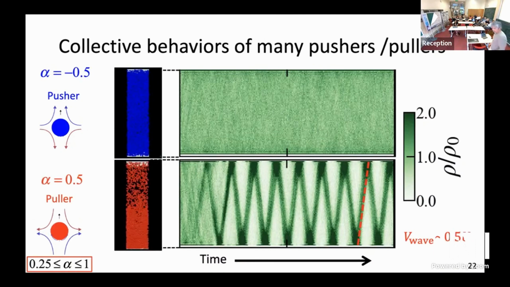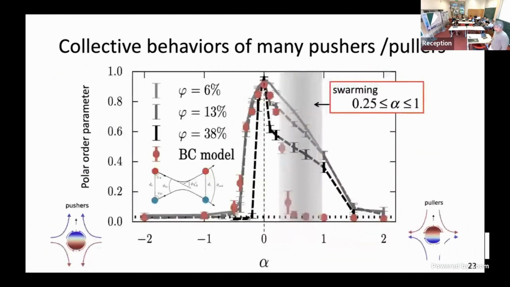This is the most exciting result so far we have obtained for the multiple collective motion of microswimmers. Also, quite interestingly, such a propagating wave phenomenon takes place in a very narrow region of values of alpha, at which this asymmetry exists.